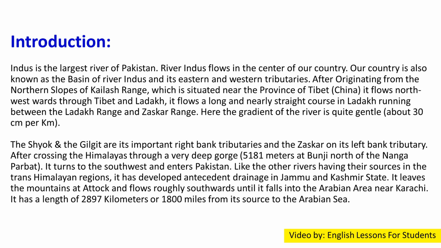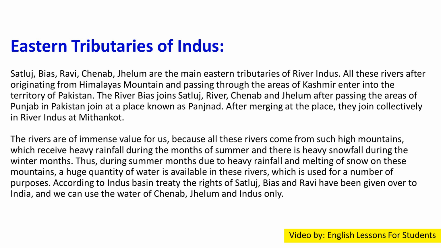It leaves the mountains at Attock and flows roughly southwards until it falls into the Arabian Sea near Karachi. It has a length of 2,897 kilometers or 1,800 miles from its source to the Arabian Sea.